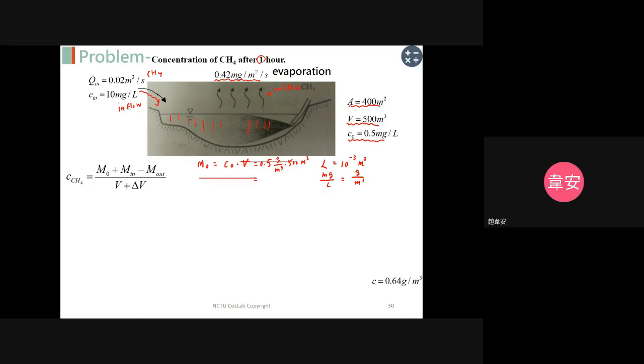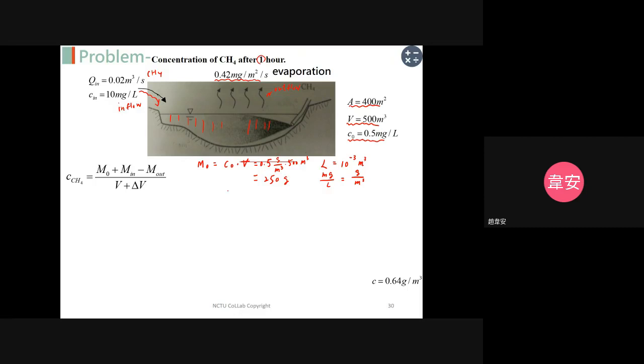You can use your calculator to compute. The answer is 0.5 multiplied by 500, so here is 250 g.